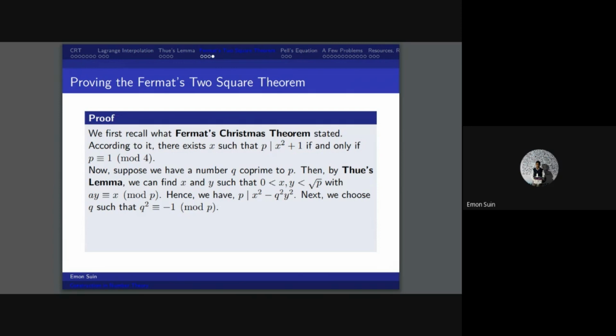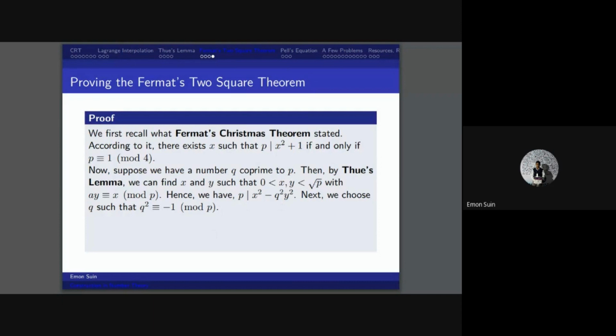We just replace this q square by minus 1, right? Because we are considering mod p after all. Am I clear why it is happening? Then what will be the next line?